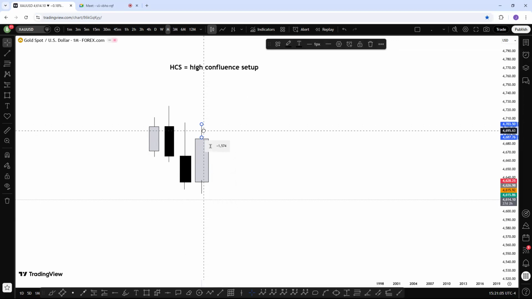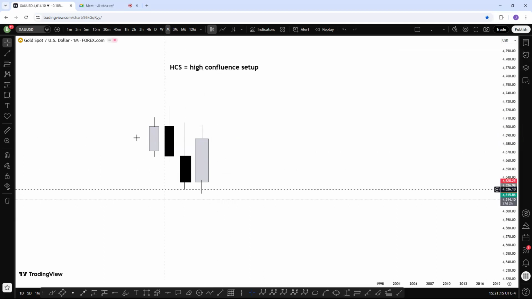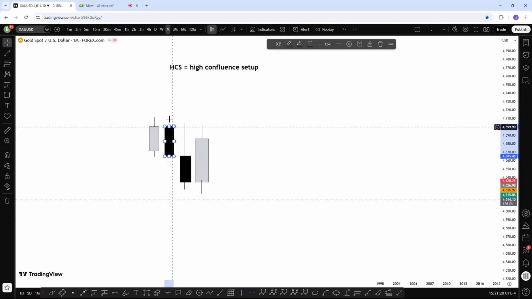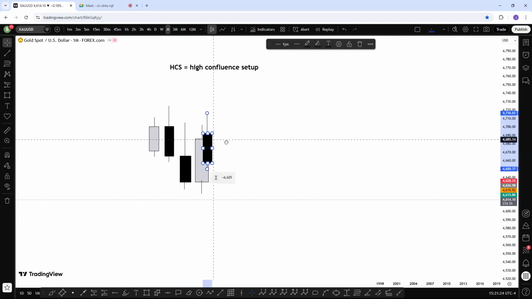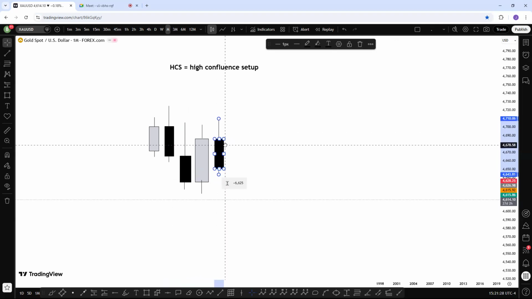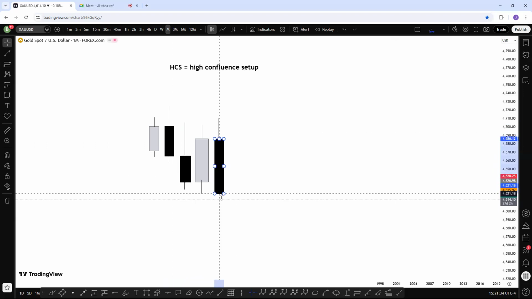Then after this, another bearish candle is created around here.